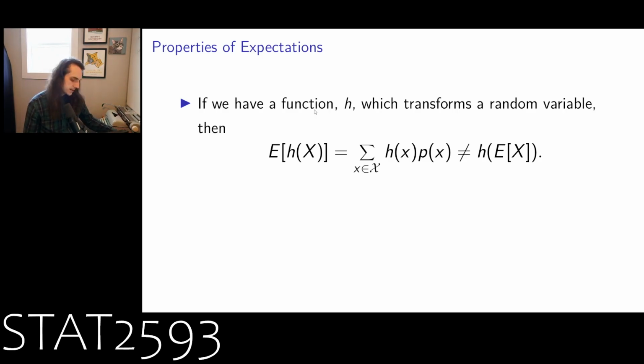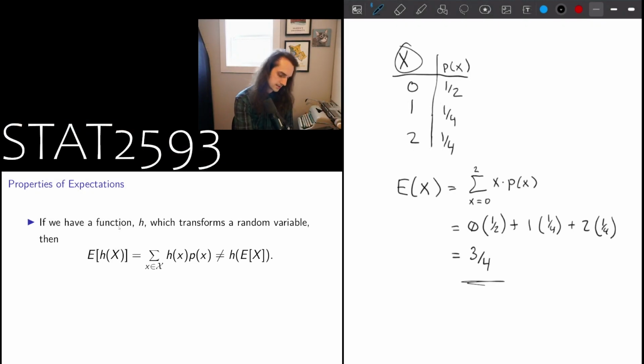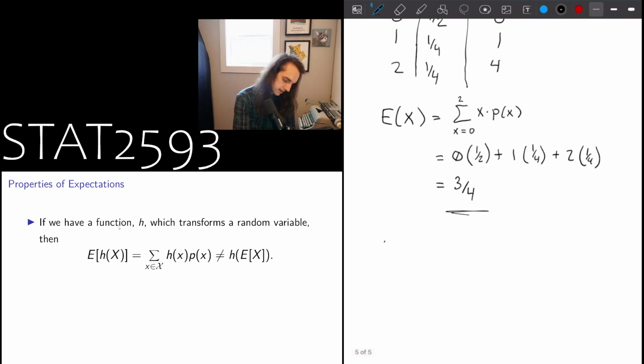So to see what we mean, we could come back to this little example that we have going on here, and we could define h of x, and maybe h of x is just going to be x squared. Okay, so that's going to be 0, 1, and 4. And so then the expected value of h of x is going to be the summation of h of x times the probability.